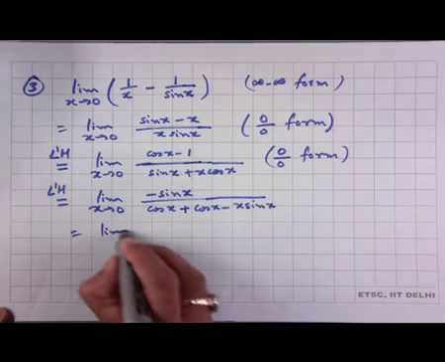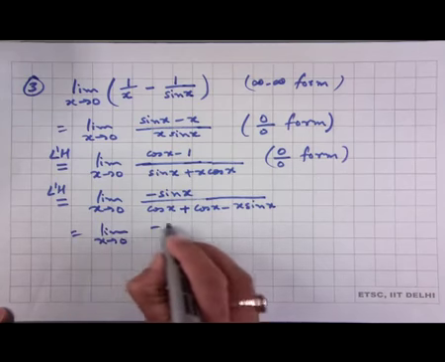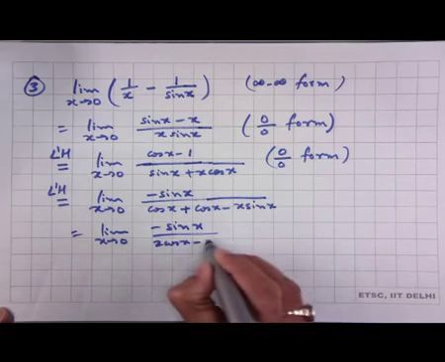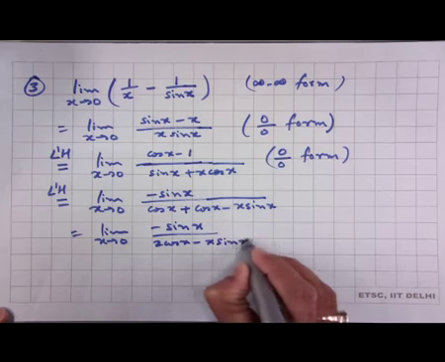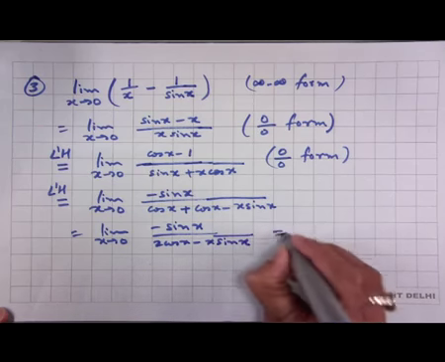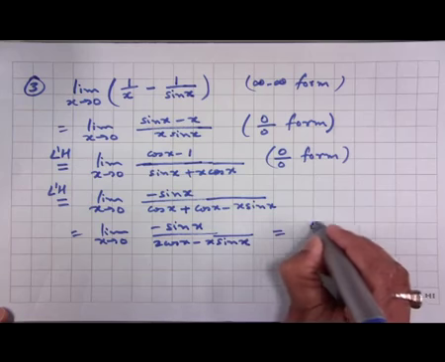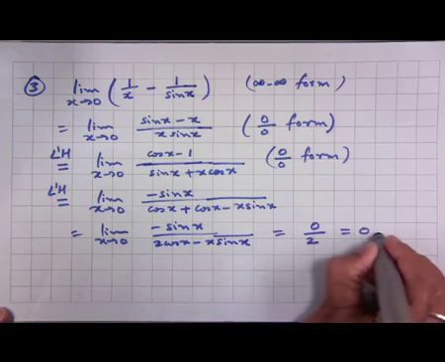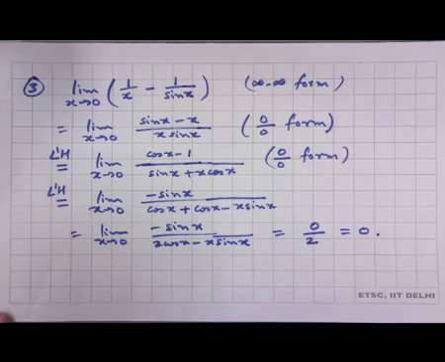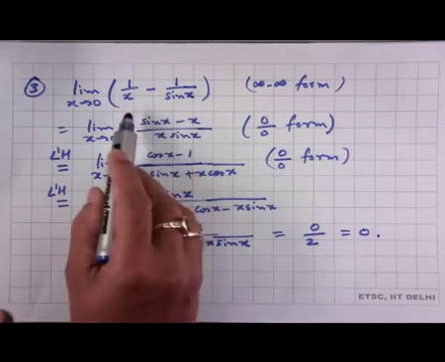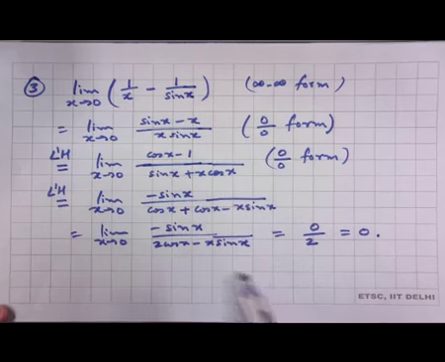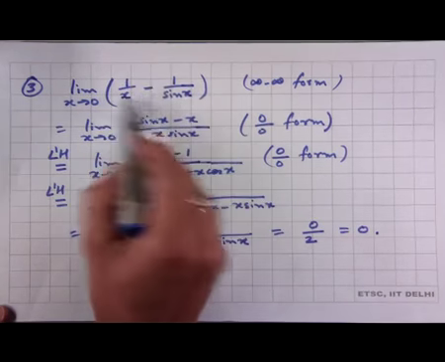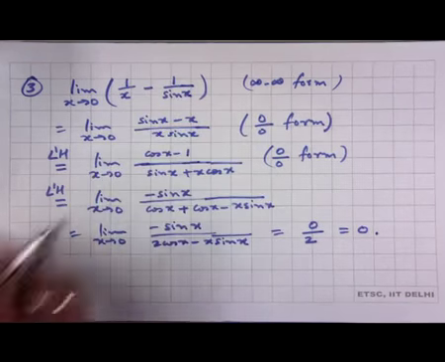Let me write this as minus sin x divided by 2 cos x minus x sin x, and now we get 0 divided by 2. So, this is equal to 0. So, we are able to calculate that this limit is equal to 0 by using L'Hopital's rule twice after converting this into 0 by 0 form.